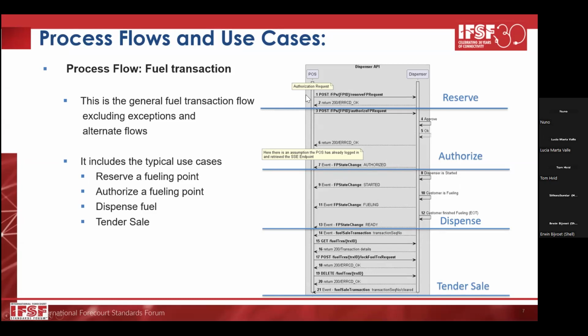For this purpose, you run a post to a fueling position to reserve, and you will be confirmed if that fueling position is available for operation. Once the POS or controlling device knows that that fueling position is locked to you, then you can secure the amount for the transaction.